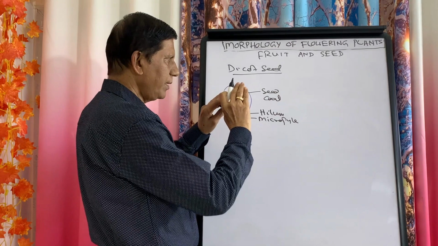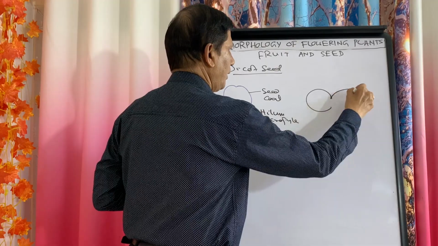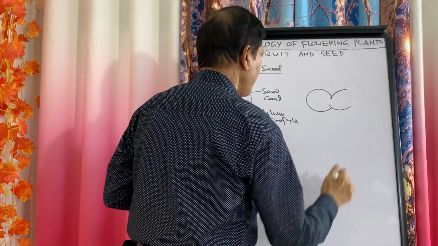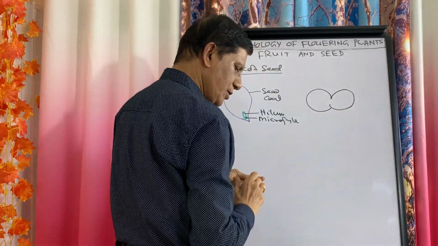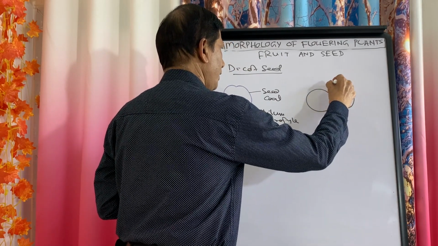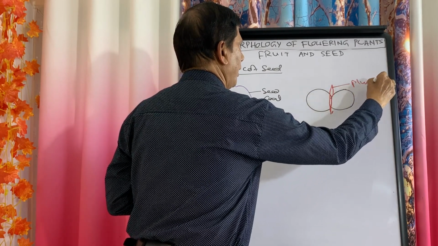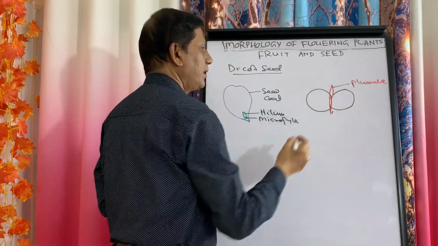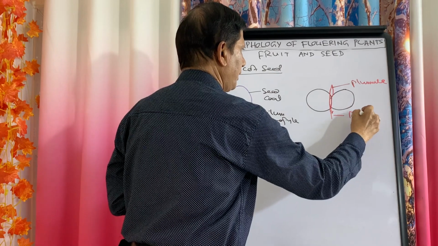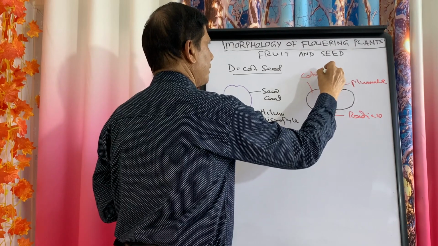Now if you take a section of it, it will look like this. There will be two cotyledons, and at the center there is the axis, and the axis has the plumule, which will give rise to the shoot system, and this is the radicle that will give rise to the root system, and these are the cotyledons.